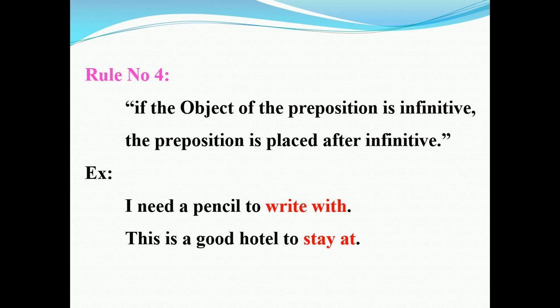That's why in the example given here, I need a pencil to write with. Again, this is a good hotel to stay at. If the object of the preposition is an infinitive, the preposition is placed after the infinitive. Then and there only that sentence will get its completion.